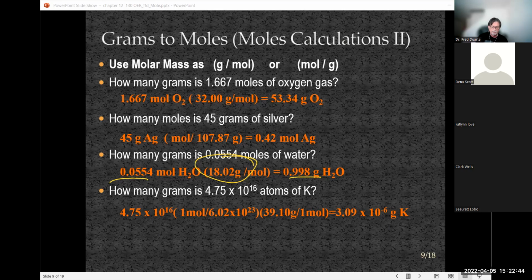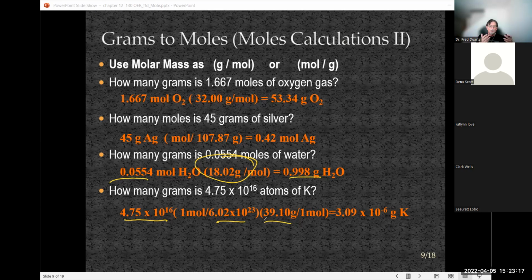Molar masses are not utilized in determining how many sig figs. Now, the number 4.75 times 10 to the 16 is a whole number. And earlier I said Avogadro's number is just a number like a dozen. It's an exact number. And the atomic weights, being the average of the isotopes, have an infinite number of sig figs.